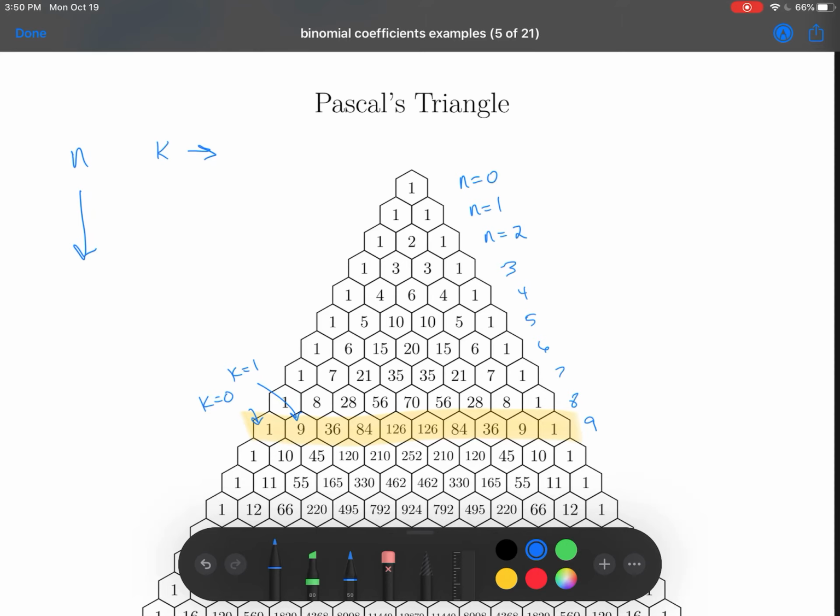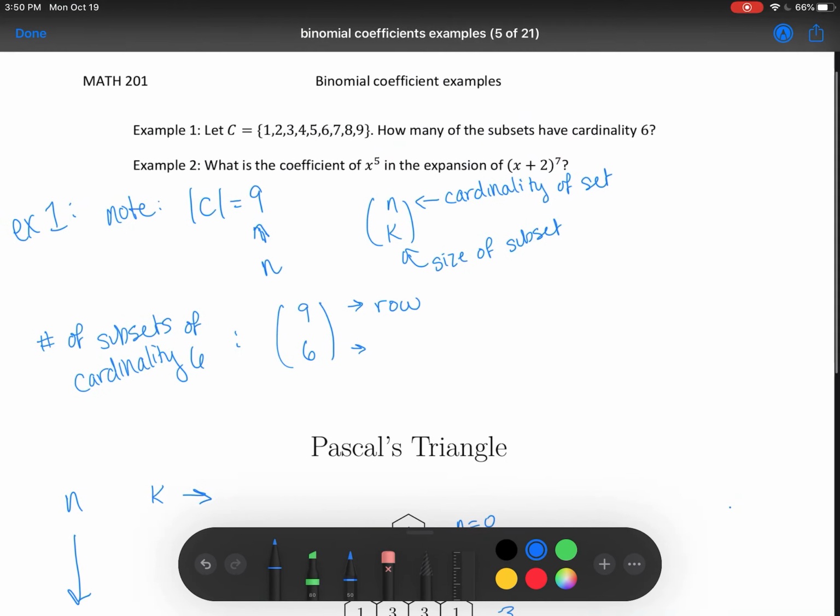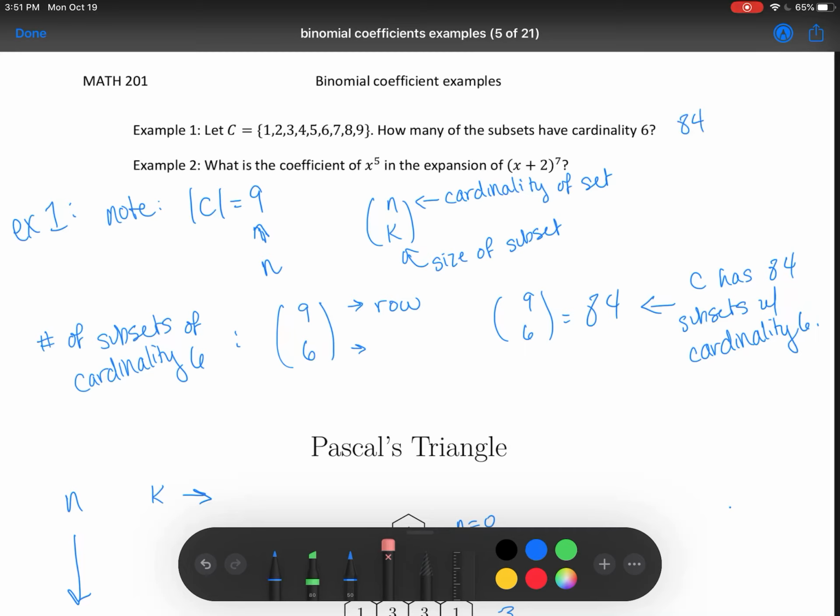This 9 is when k equals 1, etc. So this is k equals 2, 3, 4, 5, 6. And we end up right here at 84. So that tells us up here that 9 choose 6 is equal to 84. So we conclude that C has 84 subsets with cardinality 6. All right, awesome. So that's our answer to number 1.